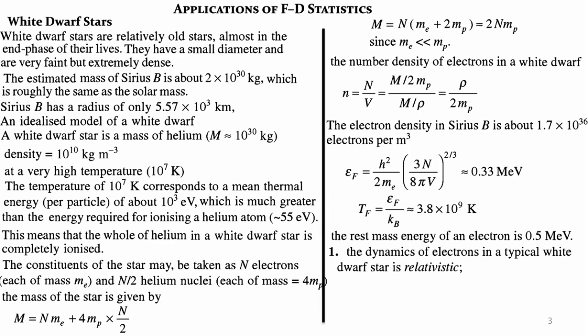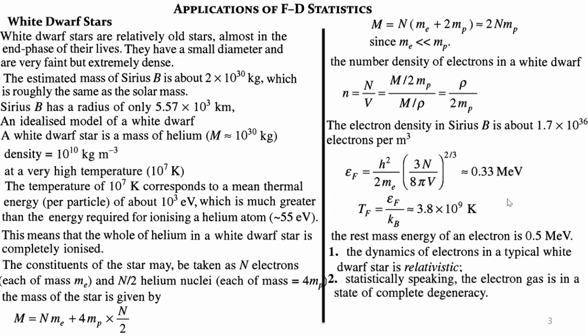So basically, the dynamics of electrons in a typical white dwarf star has to be treated relativistically because the rest mass energy of the electron is of the order of, or at least comparable to, the kinetic energy of the electrons, right?